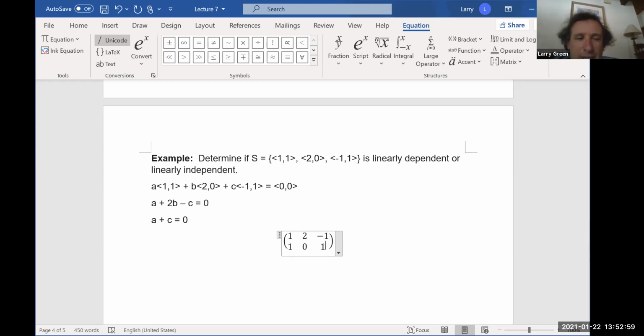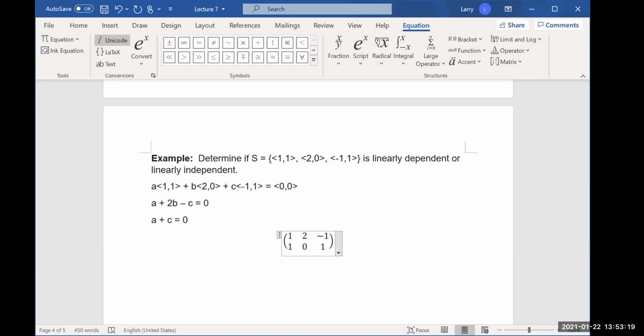Why did I read columns instead of reading the rows? There's a reason. Anyone see it?